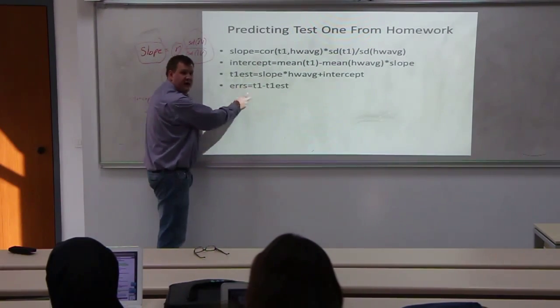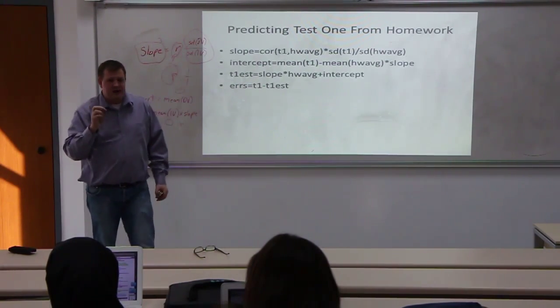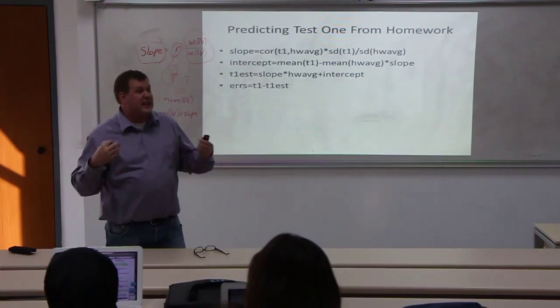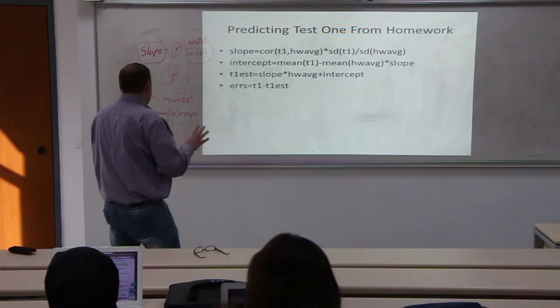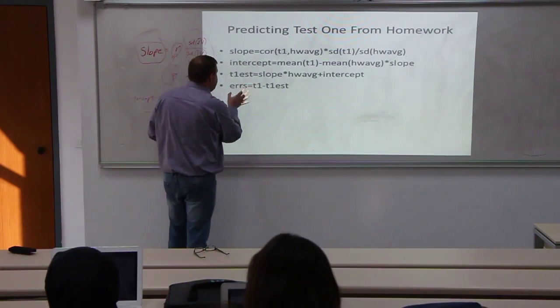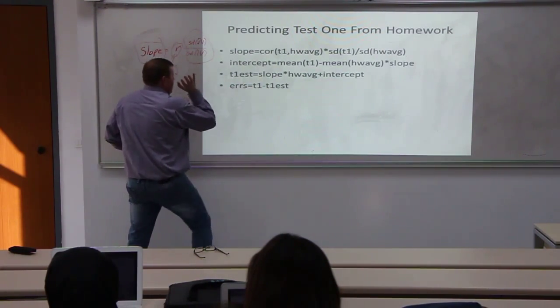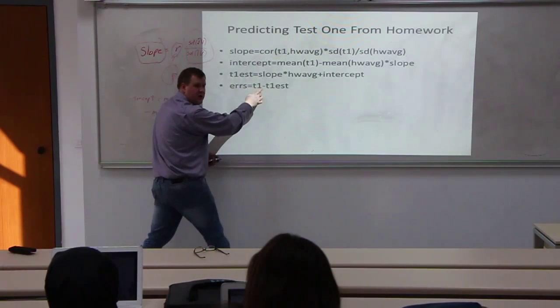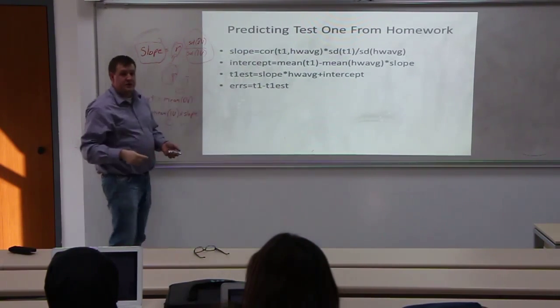Remember how we found the errors? And we demonstrated that, like, if we sum them up and sum the squares, we would get the least squares. Anyway, we're going to use them a little bit differently today. So, we have the errors. This is the T1 scores, the test 1 scores that we actually have, minus our predictions.